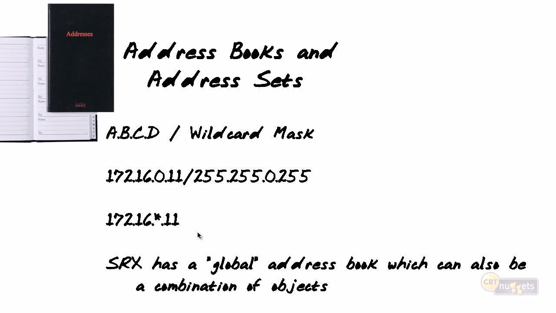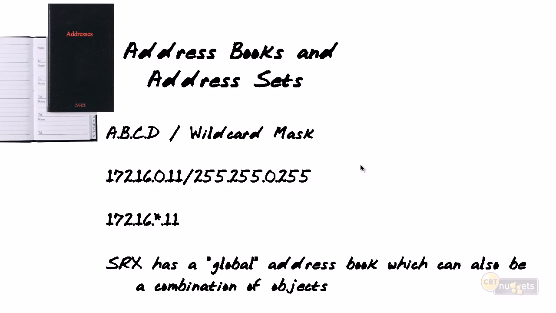Now, an address book can get really large. And if you imagine in a service provider or a large metropolitan area network enterprise, we could have a huge number of addresses and prefixes and wildcard addresses, and so it can be cumbersome. So we can take these groups of addresses and make them into address sets. These address sets allow us to manage large address books.